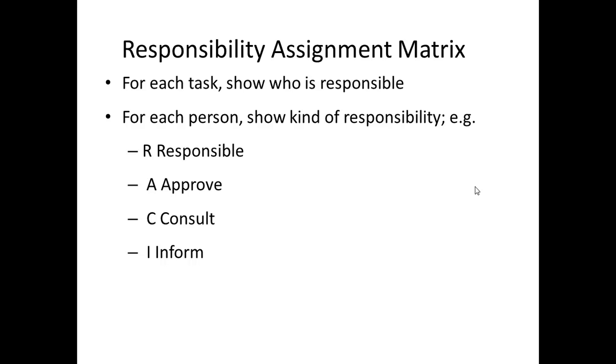Okay, and then just to recap, for each task you show who is responsible, and for each person you show the kind of responsibility. So responsible, approve, consult, or inform. And not everybody has to have a responsibility on every single task of the work breakdown structure.